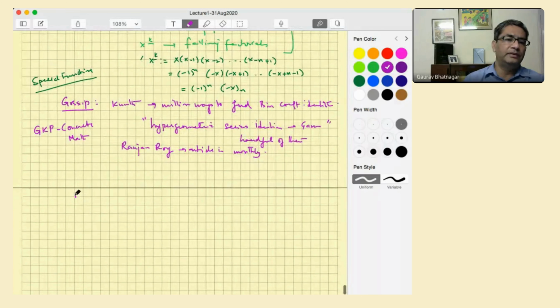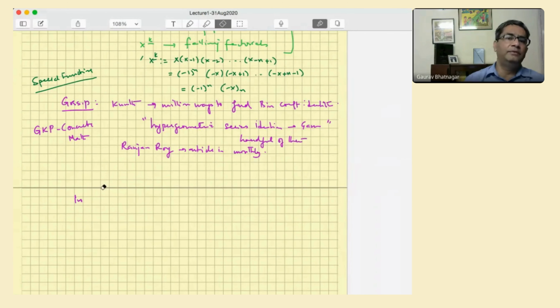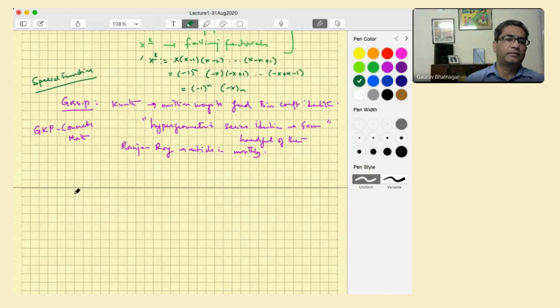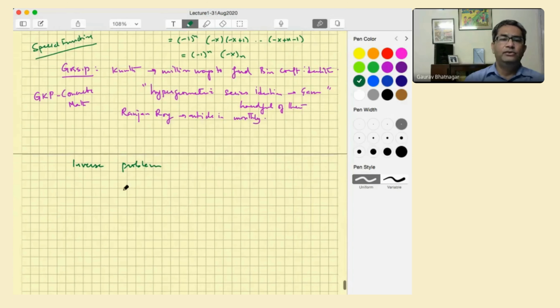Anyway, so we calculated this guy, and here is the problem. The problem is an inverse problem. This color I'm using more for highlight. So the inverse problem is to write this in terms of this guy.